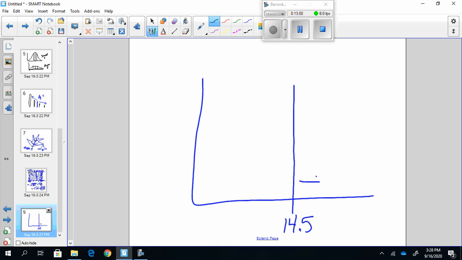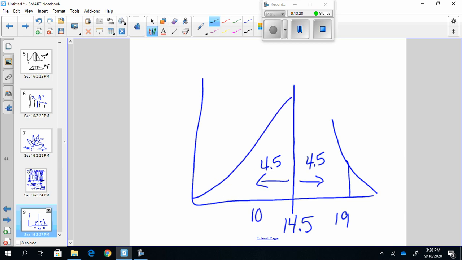And then if I go this way, what was it, 4.47? So let's just say 4.5. I'm just making it easier for this right now. That would be going up to 19. And if I go this way to 4.5, that would be going down to 10.